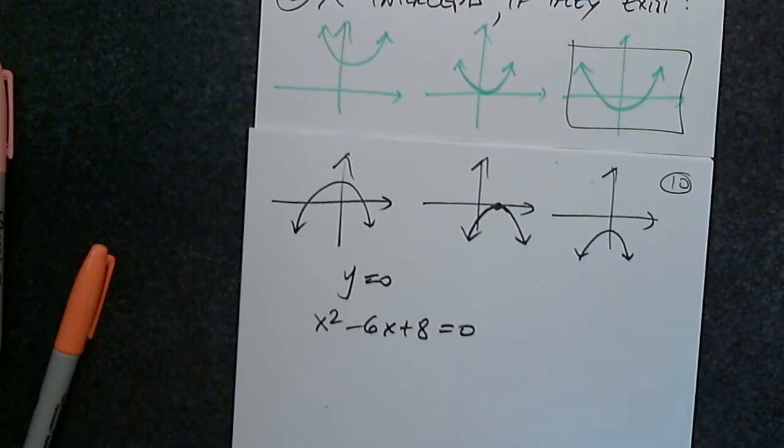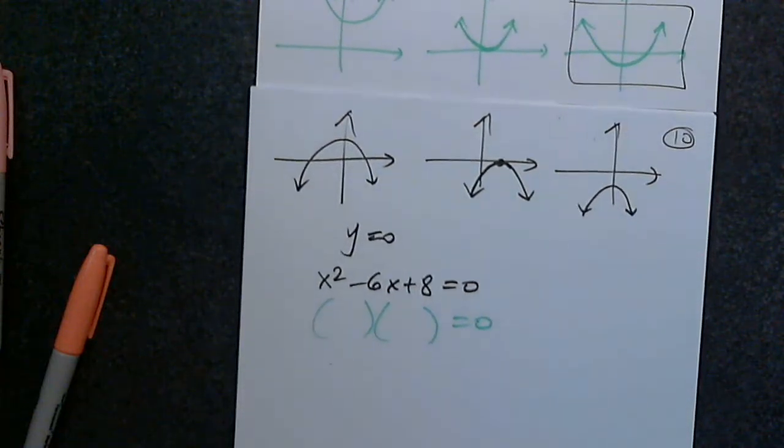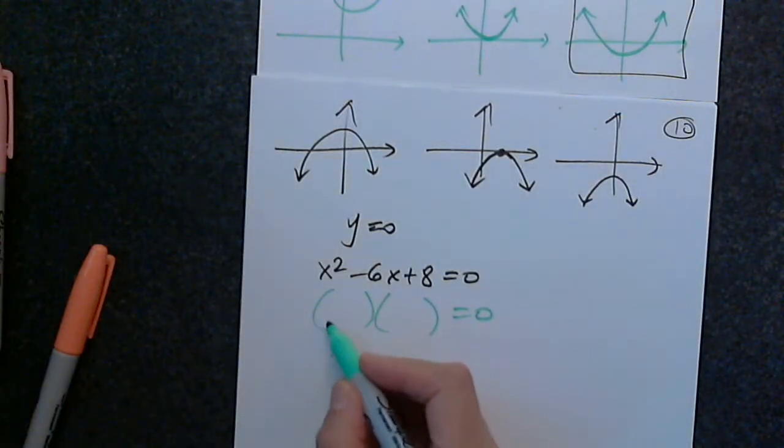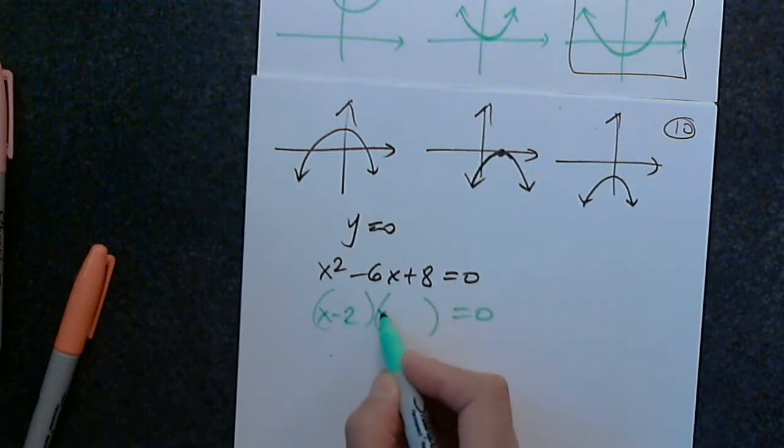We have 4 methods of solving this equation. You want to try completing the square? No, of course not. Because it's very easy to factor, and I will never complete the square unless you force me to. So, what is it? Very good.